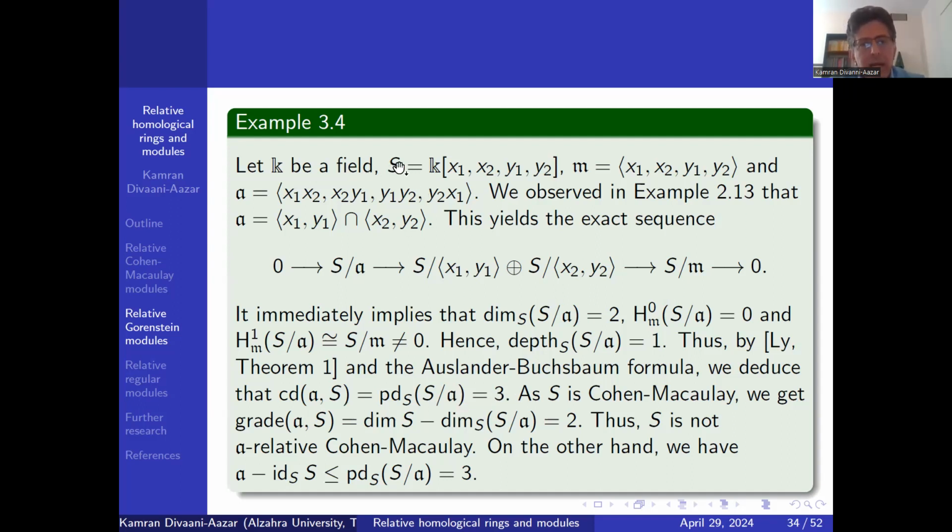Now, as S is Cohen-Macaulay in the ordinary sense, the grade of A is the dimension of S minus the dimension of S/A, so it is 4 minus 2, which equals 2. Thus S is not relative Cohen-Macaulay, because its homological dimension is 3 but the grade is 2. Since these two are not equal, S is not relative Cohen-Macaulay.